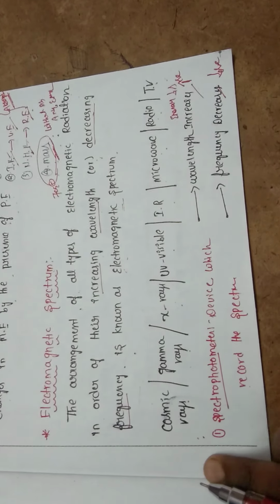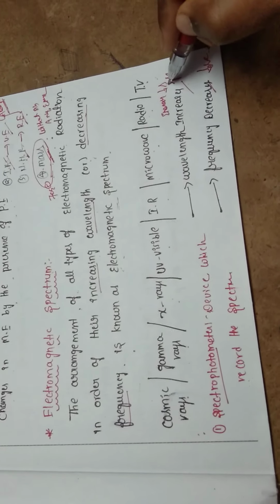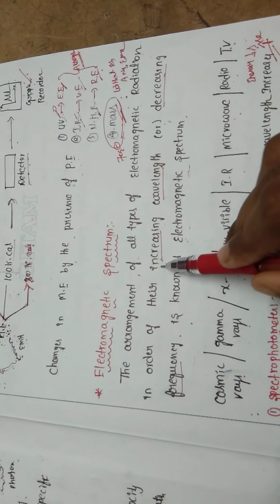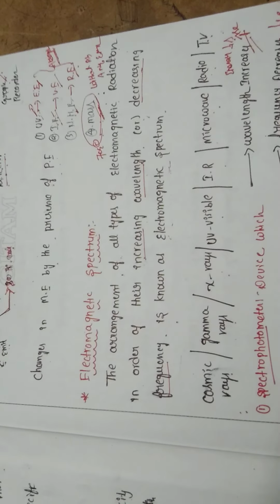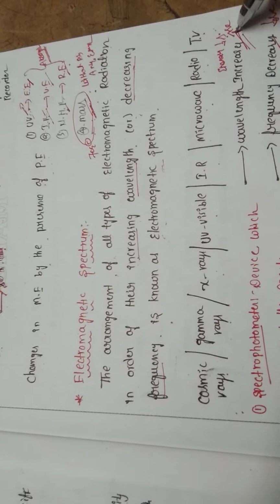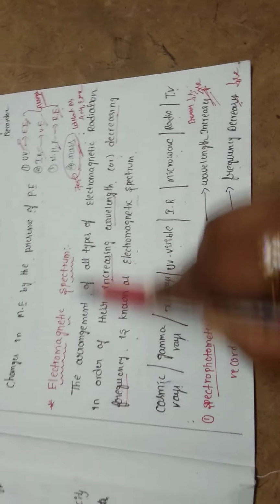So from left to right, energy decreases, that's why wavelength increases, and frequency decreases. So this is about the electromagnetic spectrum.